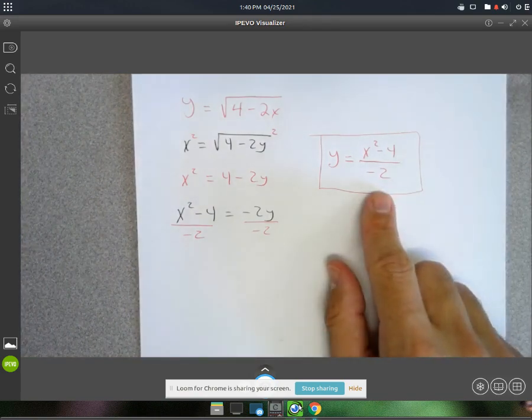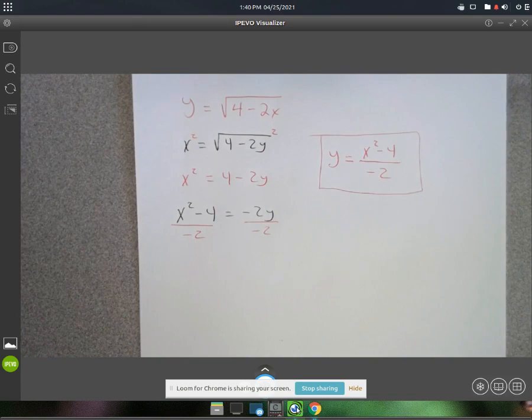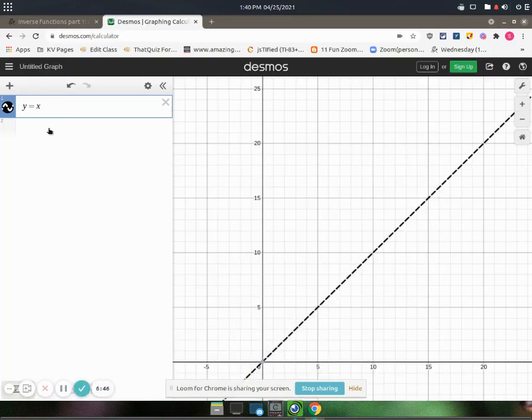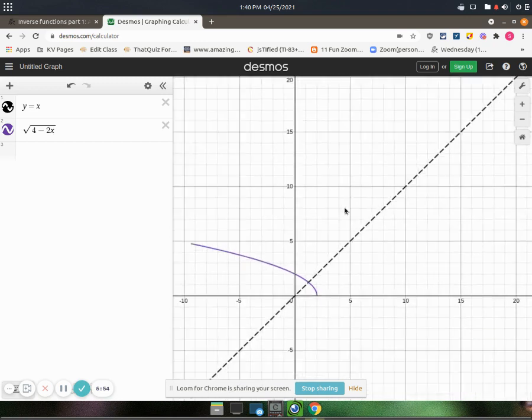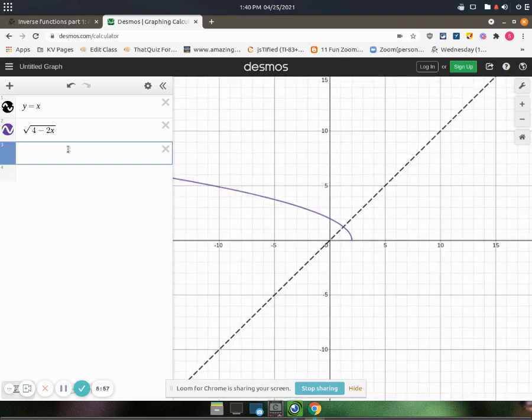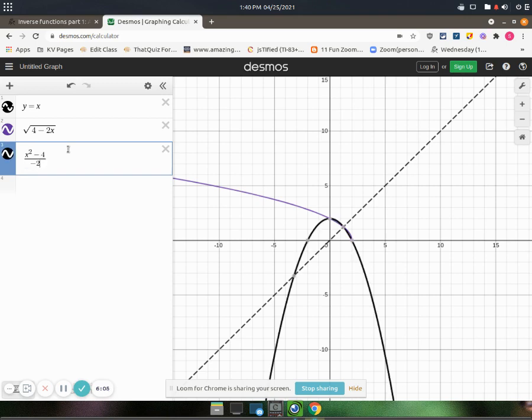Now, I need to figure out the domain part. So this is going to be one of those where I'll look at it on the graph first, get a sense for it. So the square root of 4 minus 2x, that's my original. And then my inverse is x squared minus 4, all of that over negative 2.